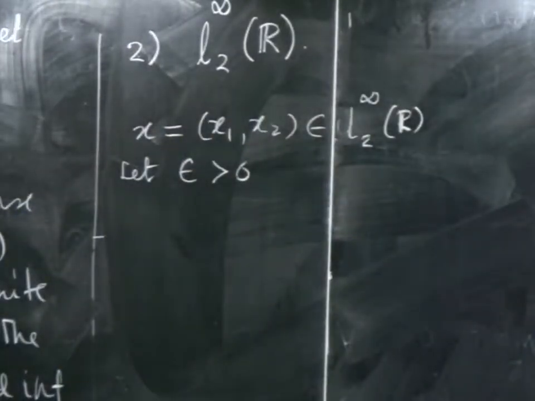We would like to find a set D, though we don't know which set it will be. Where should that set D lie? It should be in L infinity to R, that means it must be a collection of two-dimensional vectors, such that for any x and any epsilon, one element will come there and approximate it within epsilon. So we are trying to locate that.